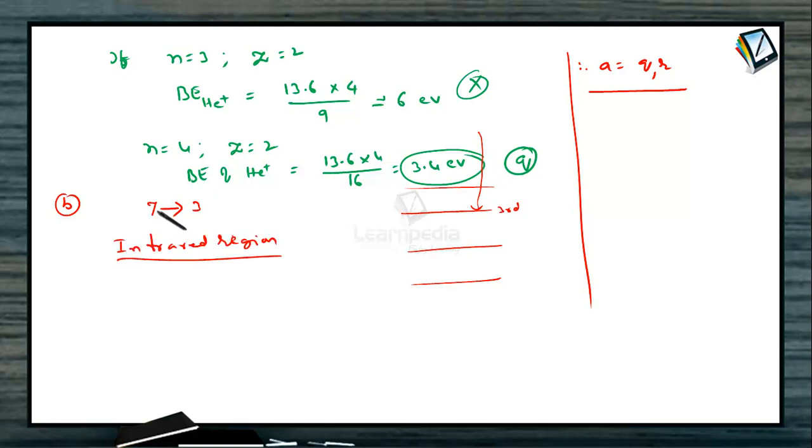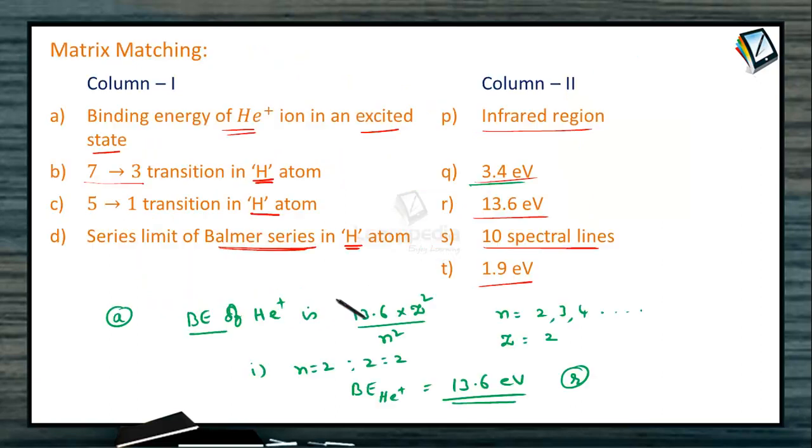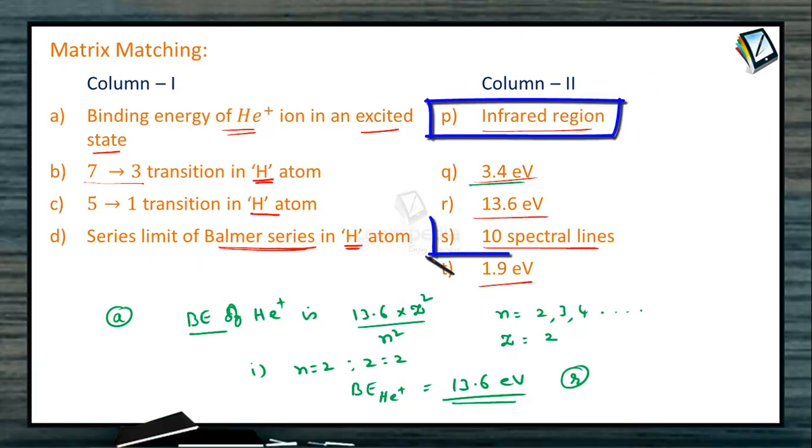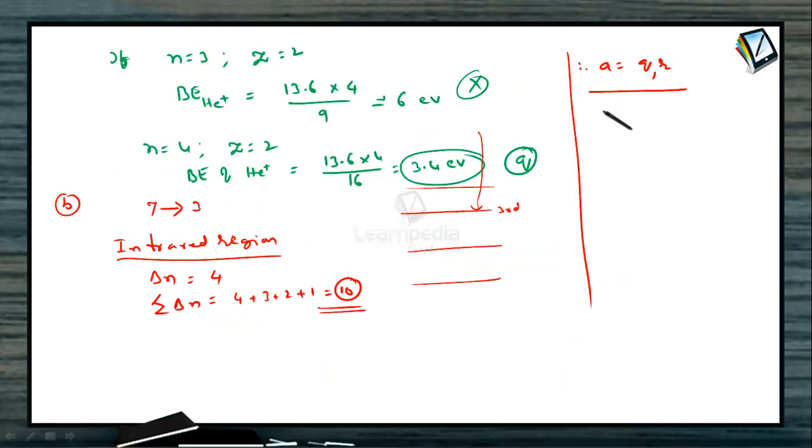Also delta N, 7 minus 3, is 4, so there will be sigma delta N spectral lines, that is 4 plus 3 plus 2 plus 1. Therefore 10 spectral lines. Infrared region is P, 10 spectral lines is S. So B goes with P, S.